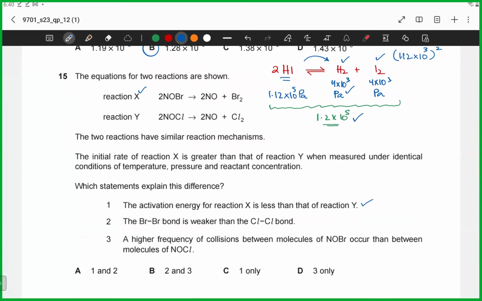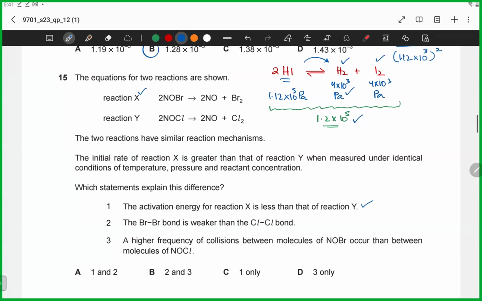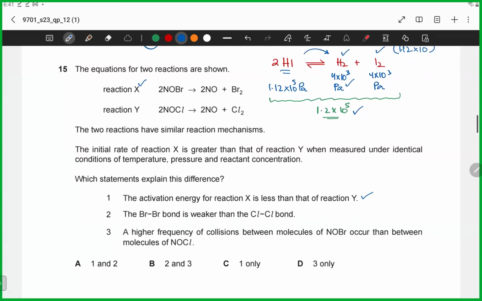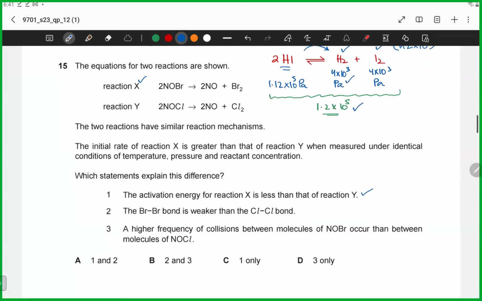Next one, the Br-Br bond is weaker than the Cl-Cl bond. Yes. That is true. As a statement, that is true. Because the bigger atom is going to have weaker bonds, right? Yeah, but it doesn't explain the thing, I guess. हाँ, क्योंकि जो rate of reaction है, it depends on, but it doesn't depend on bond formation, right? जो मसला आता है why the reaction slows down is that it's harder to break bonds, right?